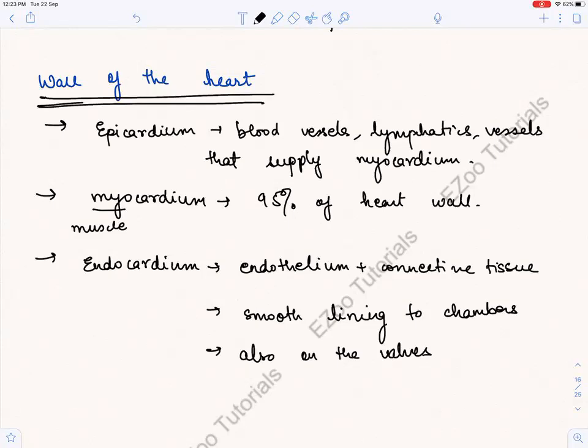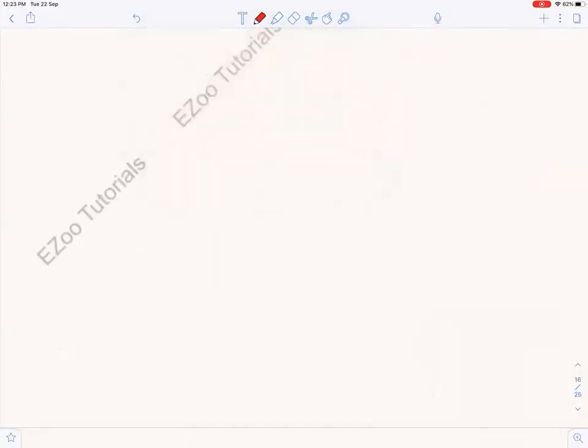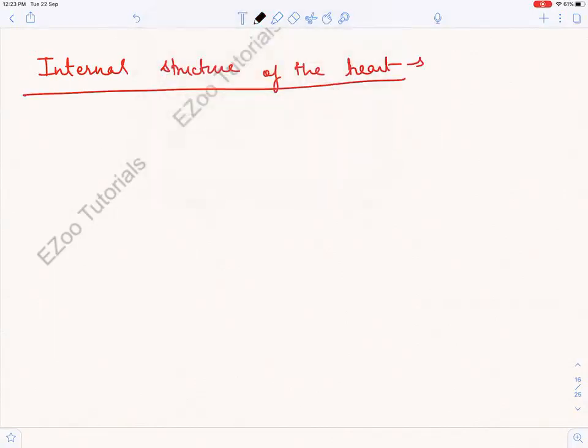Now let us see something about the internal structure of the heart. What is the internal structure of the heart? The first thing that we'll see will be the right atrium, right?